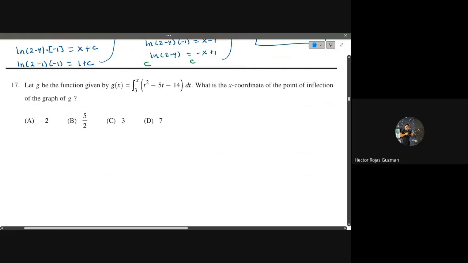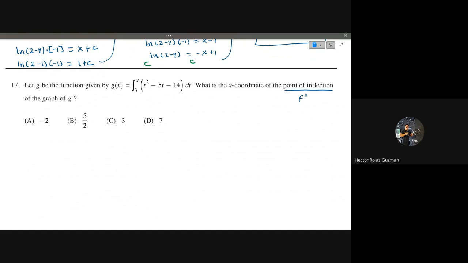Okay. What is the x-coordinate of the point of inflection? That means we have to find the second derivative. So my first derivative here becomes x squared minus 5x minus 14. I'll just go ahead and plug in the x, right? Cancel the integral, plug in the x. My second derivative is 2x minus 5. Set it equal to 0 and solve for x.